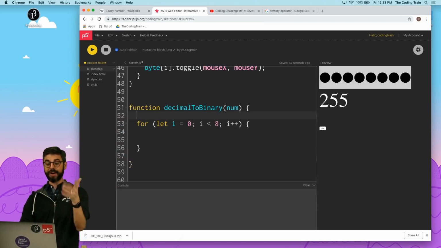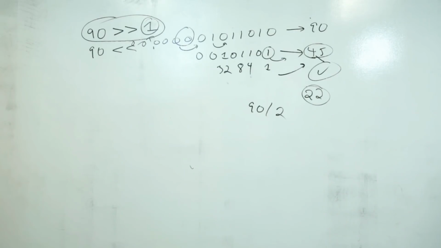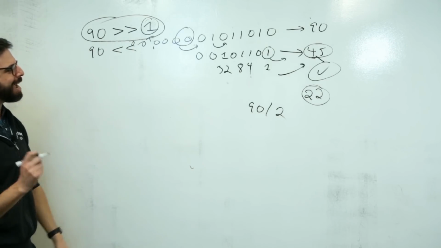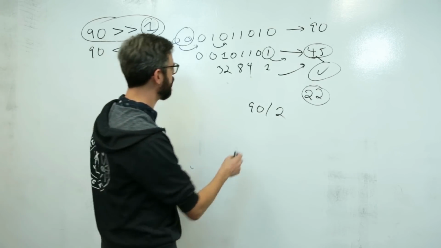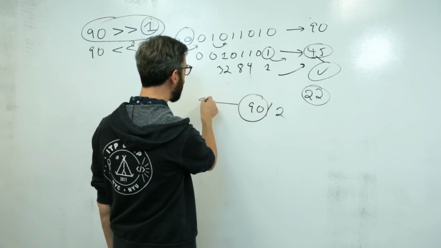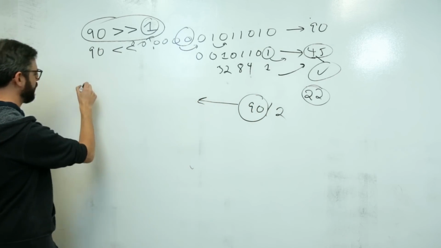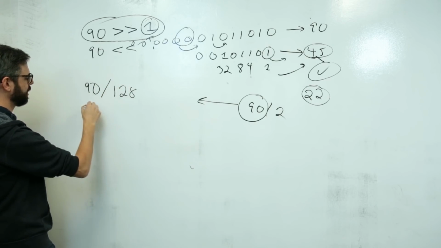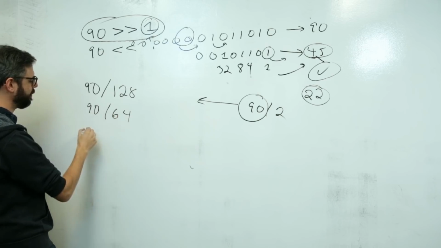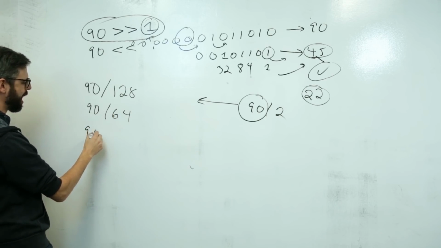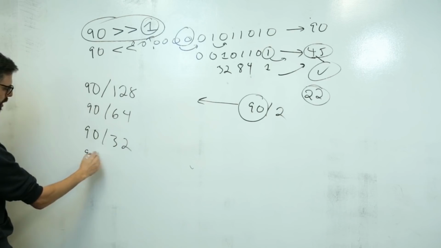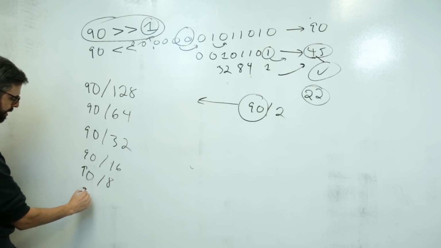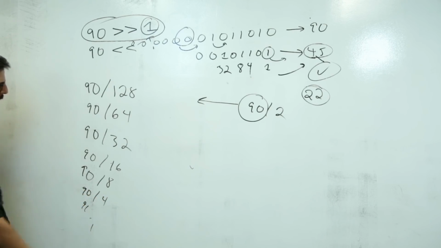Now, what do I want to do? I need to divide it by, so here's the thing. How does this work? I'm pretty sure this is how you do it. Let's say I'm going to take the value 90 and try to turn that into binary. My theory here is that I'm going to divide by 128, divide by 64, divide by 32, divide by 16, divide by 8, divide by 4, and you can see what I'm doing here.